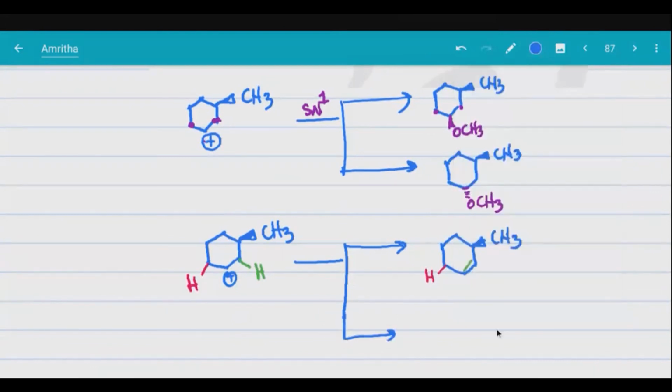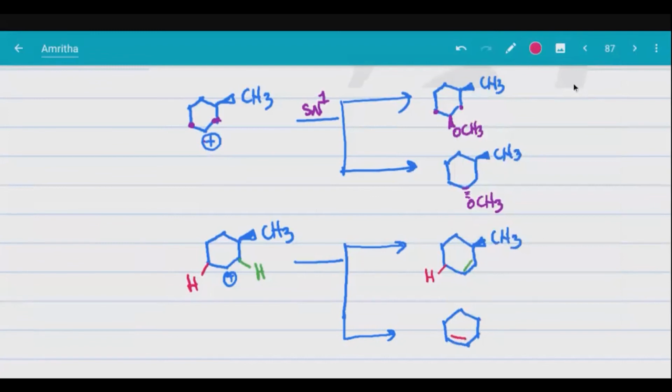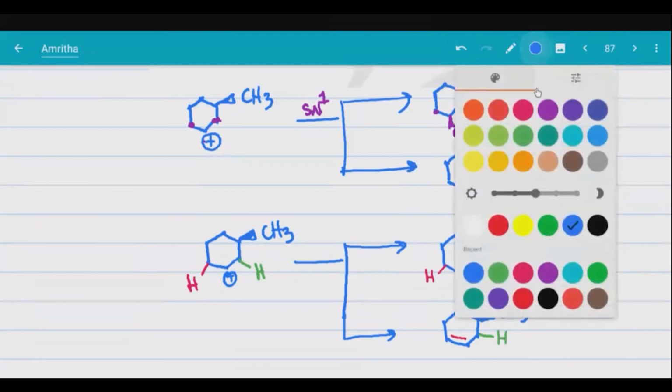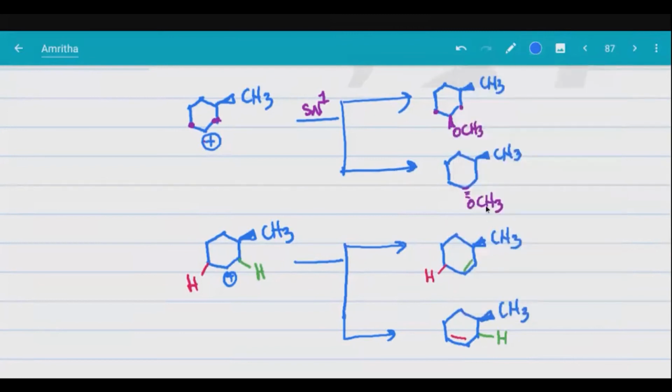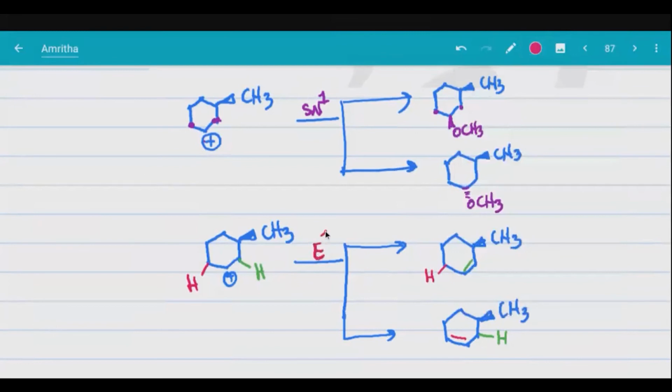If you remove the red hydrogen, I'll get a double bond here and there is hydrogen here. CH3 will be as it is. Are they different? Yes, definitely they are different. Look at the methyl position from the double bond. They're different, right? So this is what type of reaction? E1 reaction.